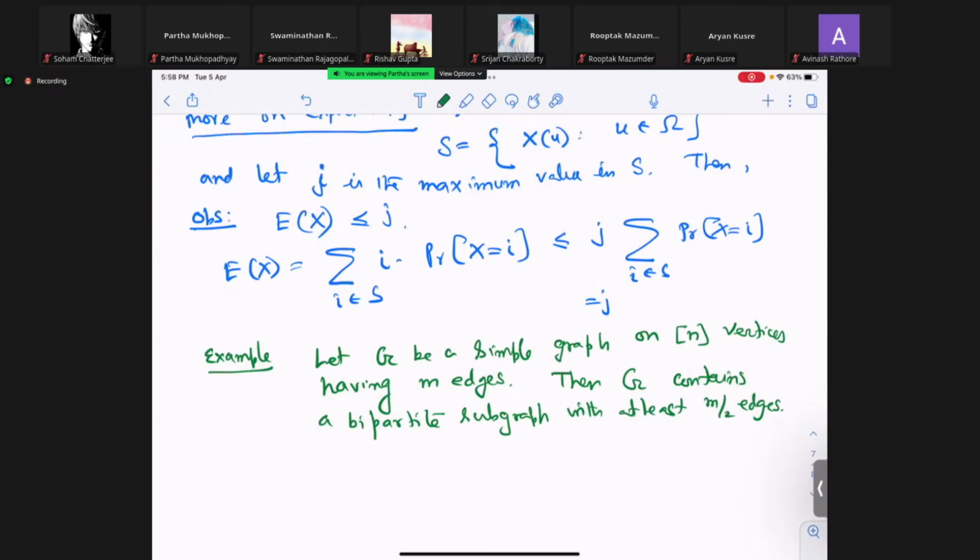Right. Exactly, so that's a good idea. If we can prove that the expected number of edges in a bipartite graph will be at least m over 2, then we know that there will be a bipartite subgraph with number of edges at least m over 2. But how do you compute that expectation and argue that?